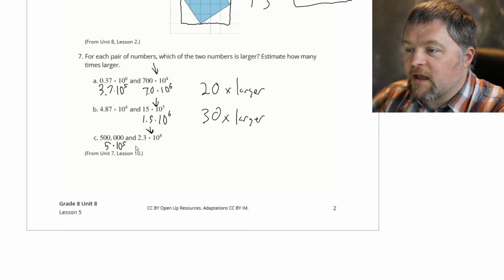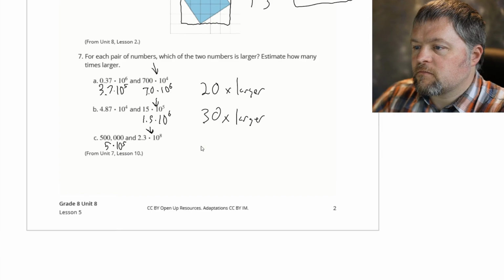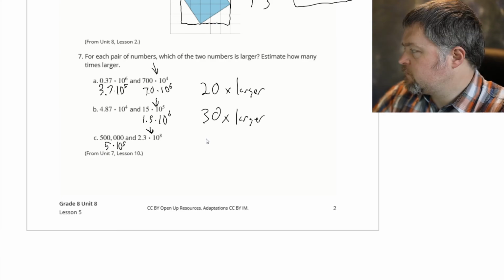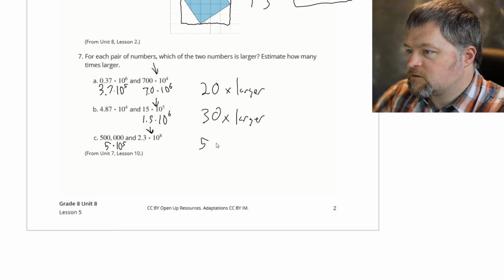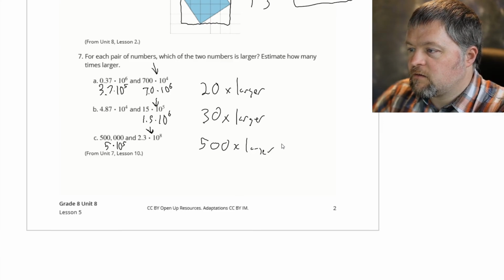So 5 into 250. So that's going to be about 500 times larger.